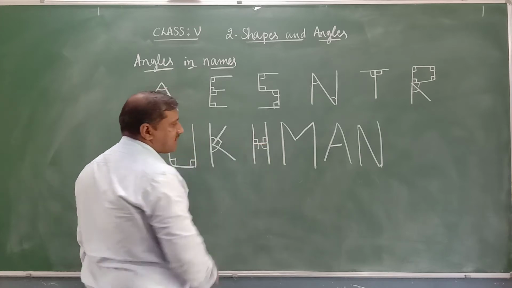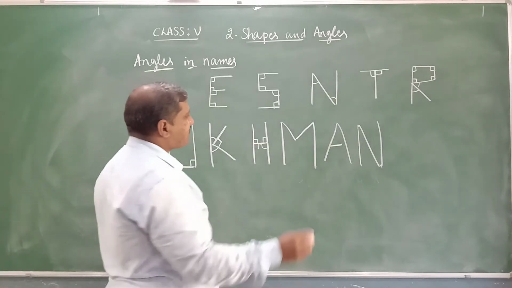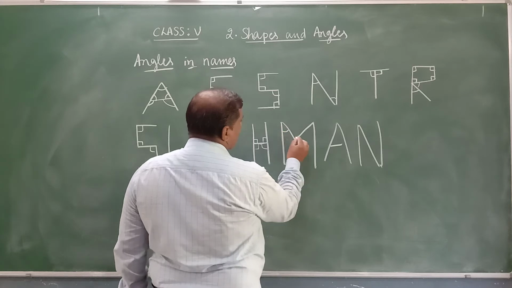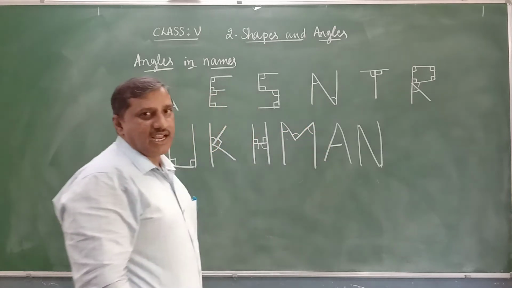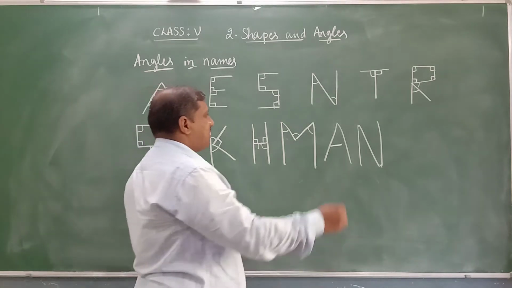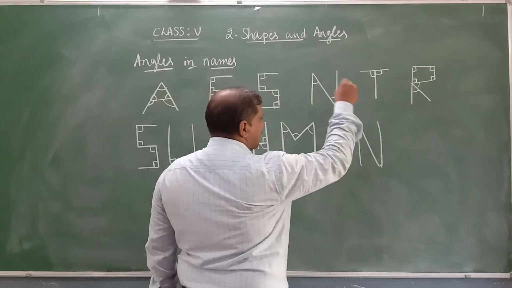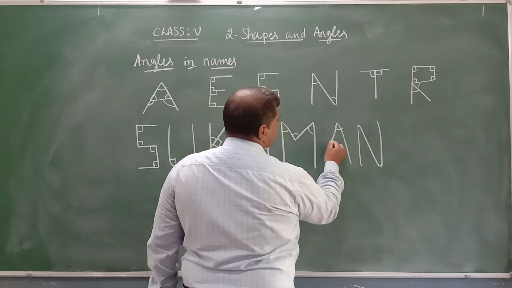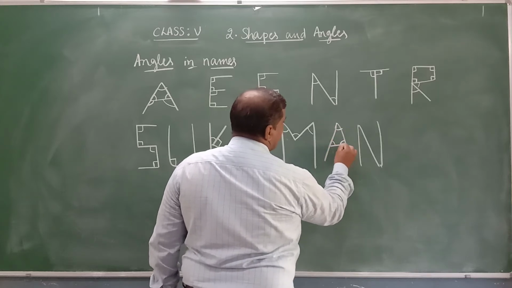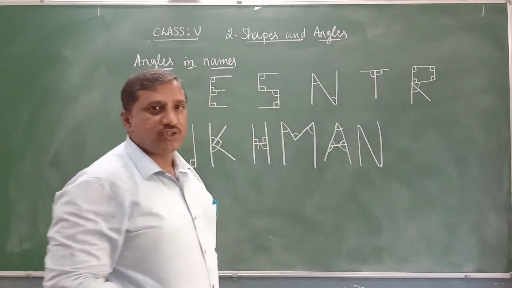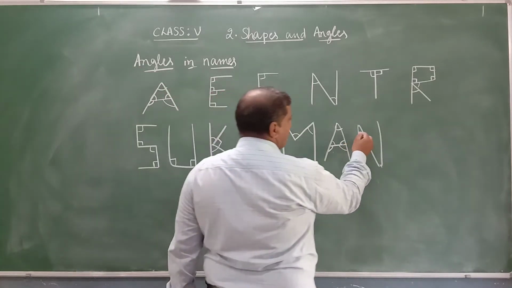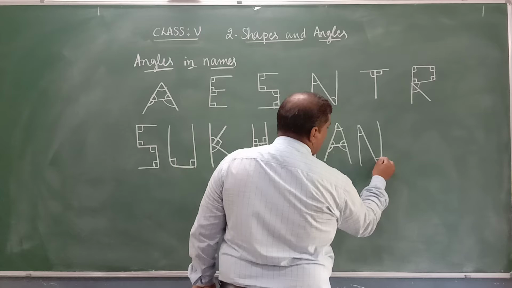For M, this is one acute angle, this is also an acute angle, and this is an acute angle. 3 acute angles we'll find. And for the letter A, 1, 2, 3 acute angles, and these two are obtuse angles. And for the letter N, these two are acute angles.